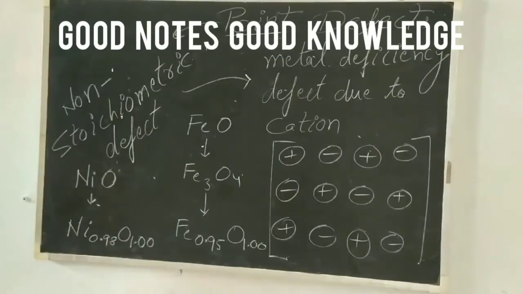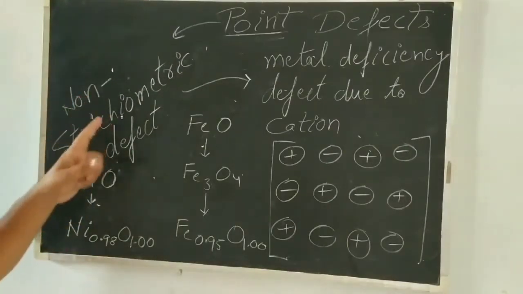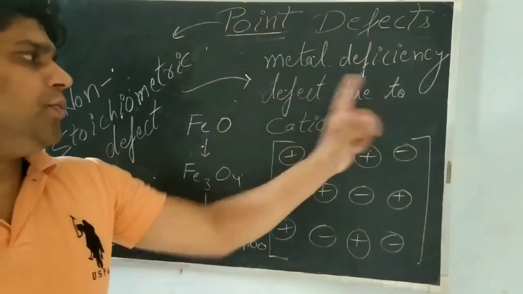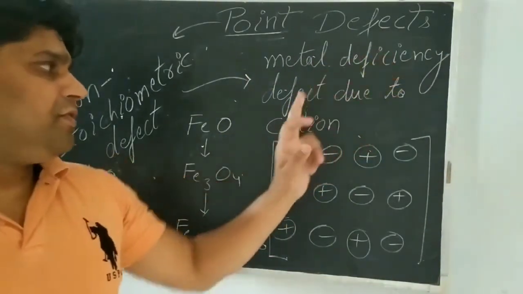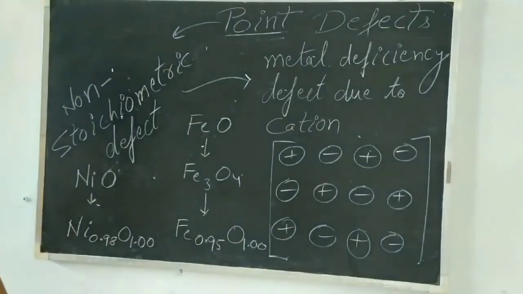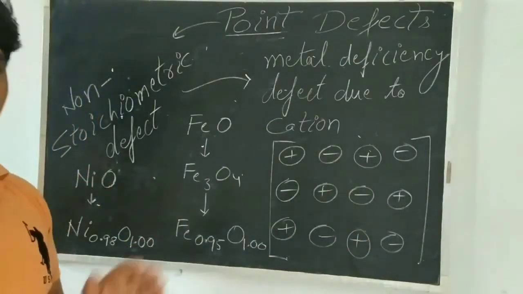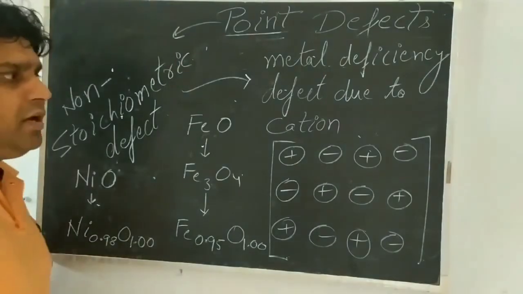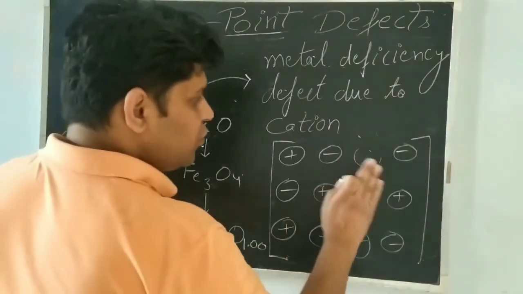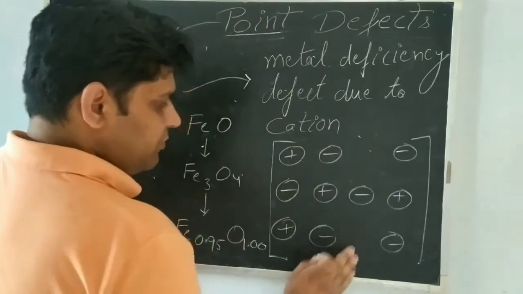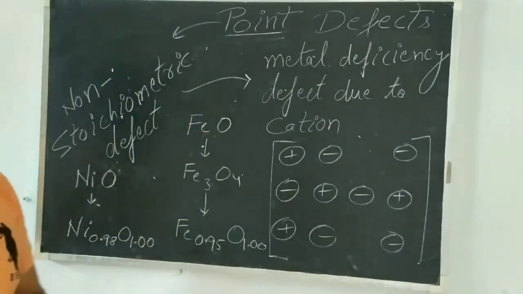Type number 3 of non-stoichiometric defect is metal deficiency defect due to cation, meaning there is a deficiency of cations in the crystal. Assume this is a crystal having ionic spaces, positive and negative. If we remove two positive charges, then 2 vacancies are created.